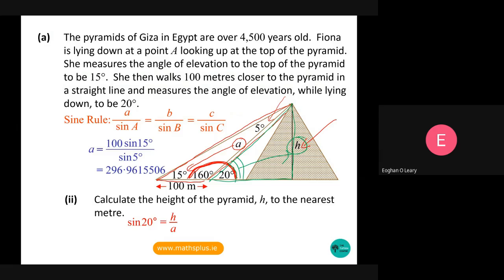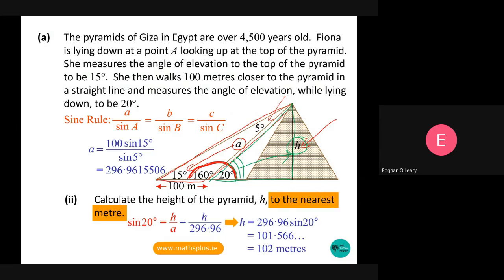So I can say the sine of 20 degrees is the opposite over the hypotenuse. It's H over A. So it's H over 296.96. I multiply across and I get my final answer to be 101.566. I want it to the nearest meter, so that rounds to 102 meters.